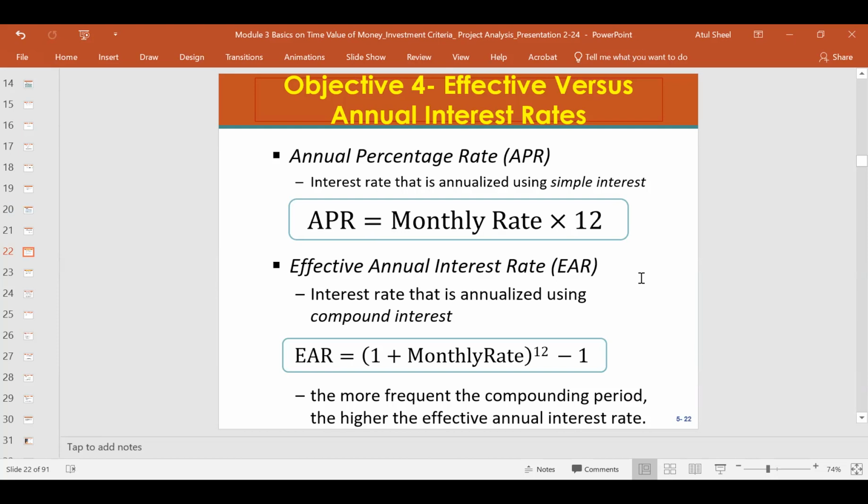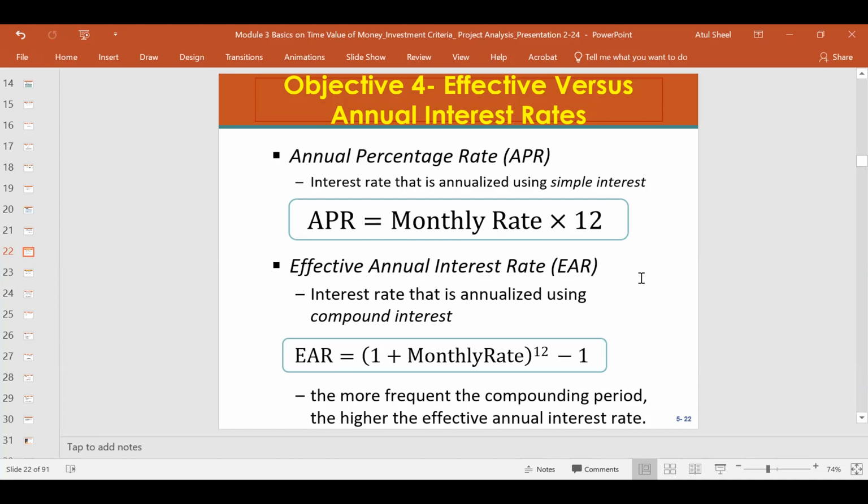And then the concept of effective. What is effective? Effective annual interest rate, EAR: interest rate that is annualized using compound interest, not simple interest. APR is annualized using simple interest. So just multiply the monthly rate times 12 and you will get the annual rate. However, the EAR is annualized using compound interest.